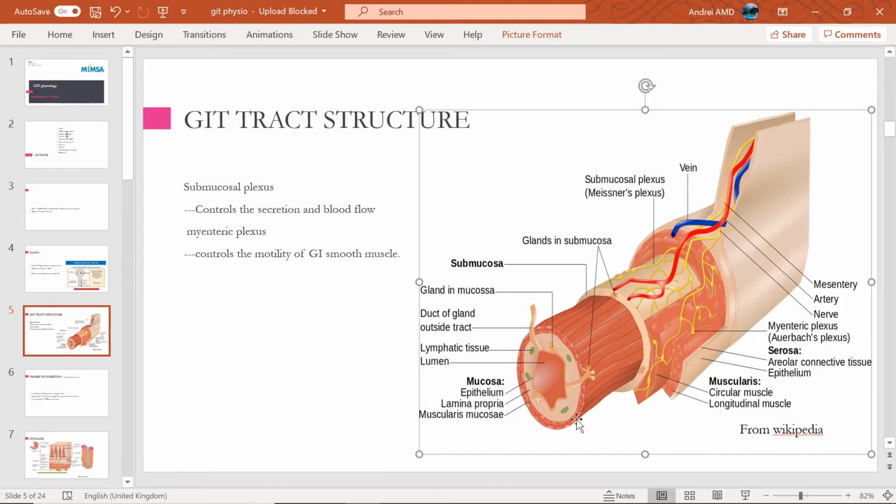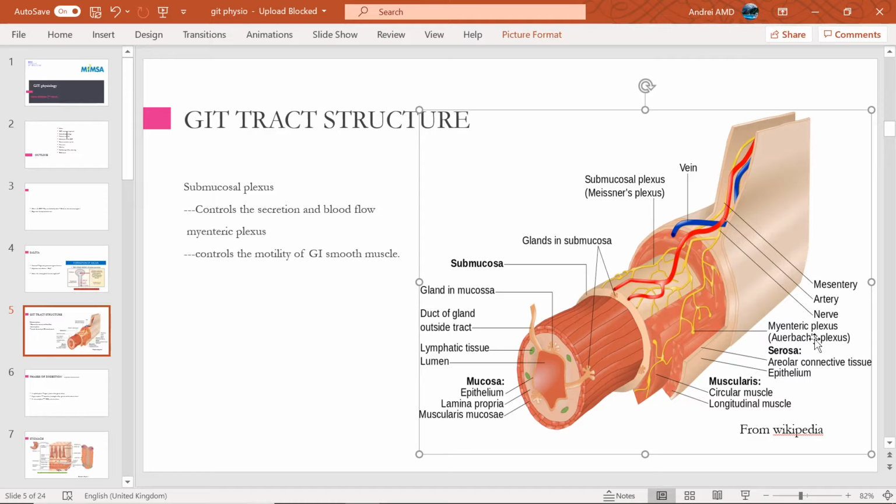In physiology, they say the submucosal plexus is responsible for the secretion of the glands, whereas the mesenteric plexus, which is in between the circular and the longitudinal muscle, is responsible for motility, like peristalsis and stuff. The movement of the gut is by this mesenteric plexus.